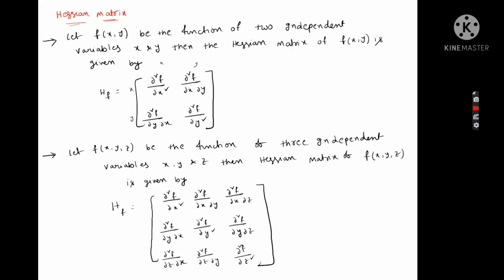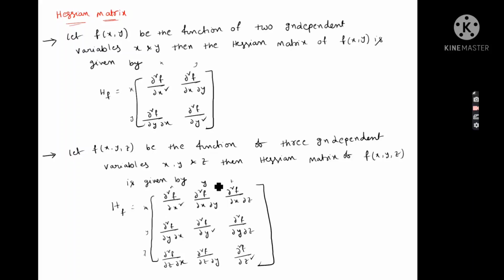In the same way, the Hessian matrix can be written for a function which has three variables x, y, z. Don't write x, y, z when you are writing the definition in the examination. Here is a shortcut to remember the Hessian matrix for three variables. x, x, x square: differentiate f with respect to x and x.